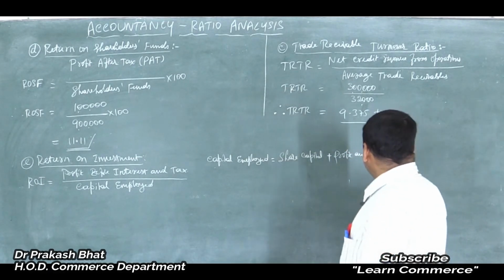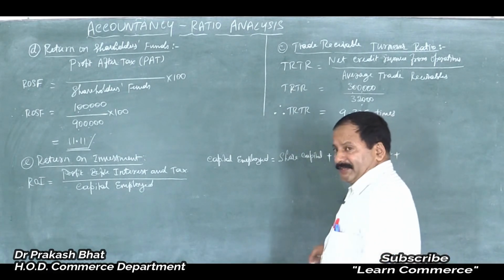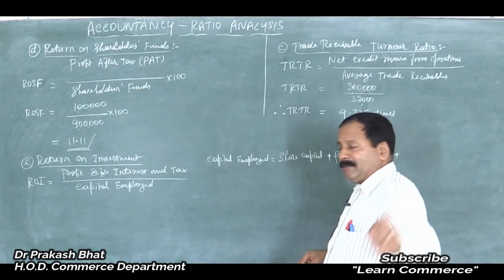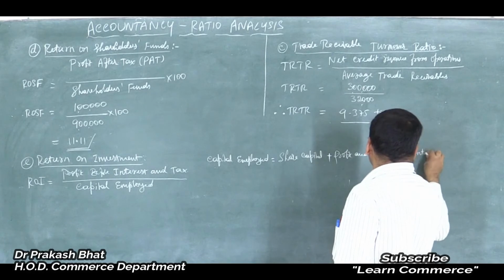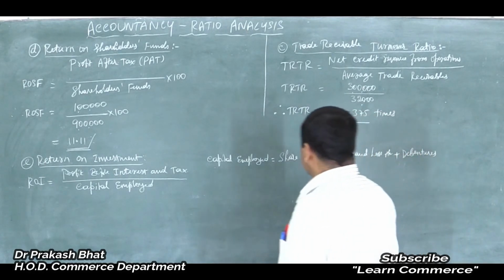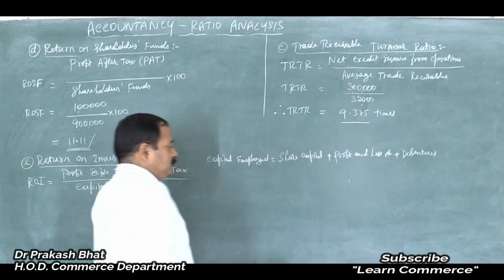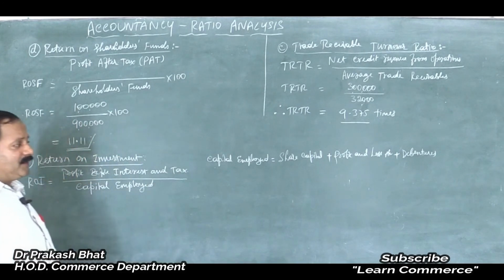Debentures, long term borrowings, or non current liabilities. So these are the three items you have to take to get capital employed.